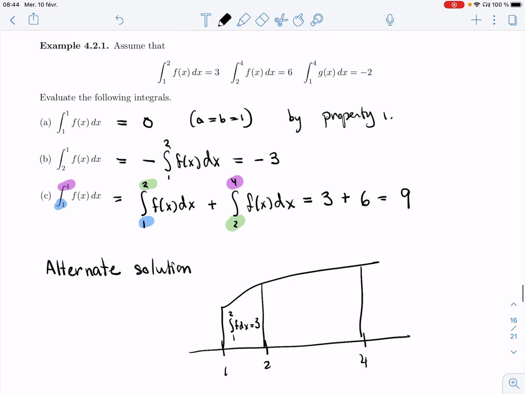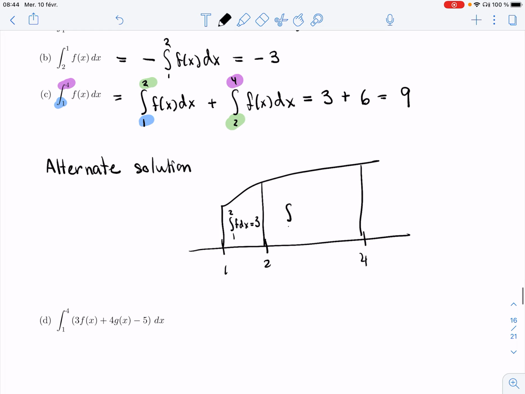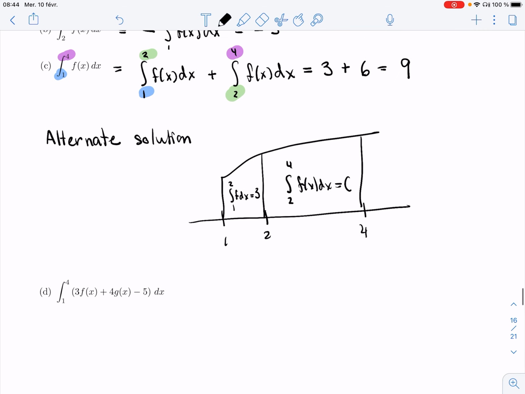I'm sorry for not writing x, I really didn't have the room. And from 2 to 4, f of x dx, we're told that that's 6. And so the total, well, the total area is 3 plus 6, which is 9.